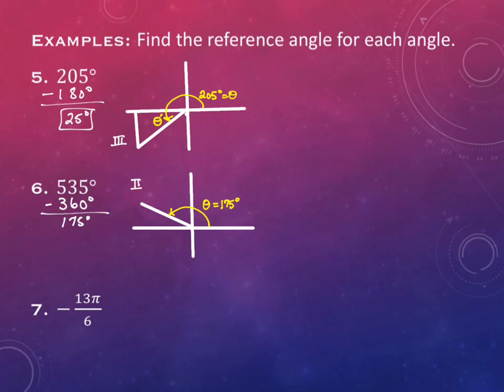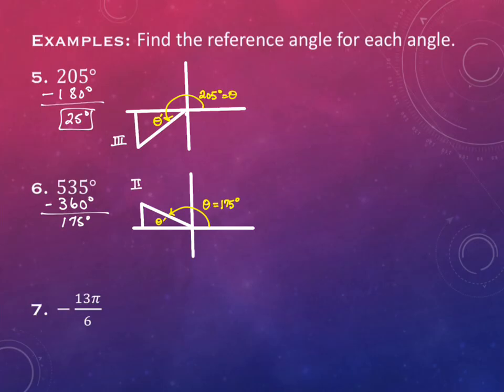So I'm going to take this part off again because it's a little bit easier to see the picture without that piece. But if I take the terminal side that I drew that's over there in quadrant 2, and I extend it back down to the nearest x-axis, my triangle would be here, right? Which means that the reference angle I'm looking for is right here in the middle.